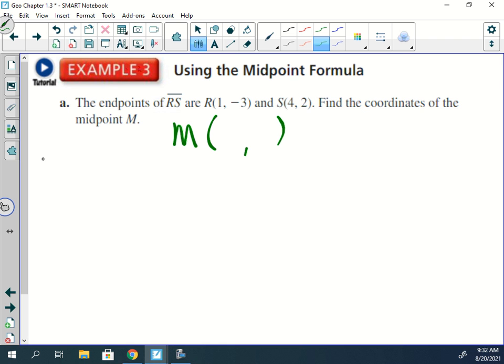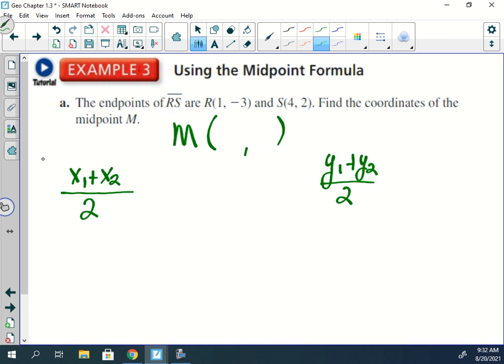Well, our midpoint formula has two key parts. x1 plus x2 divided by 2, and y1 plus y2 divided by 2. So if I want to find the midpoint, we add the x values together and divide by 2. We take the y values together and divide by 2.